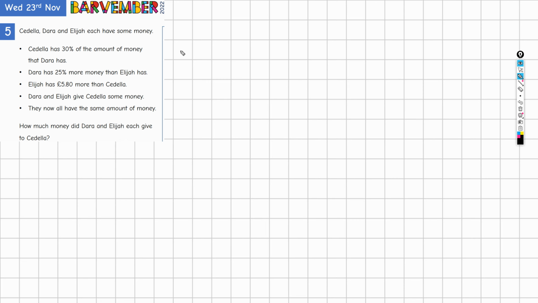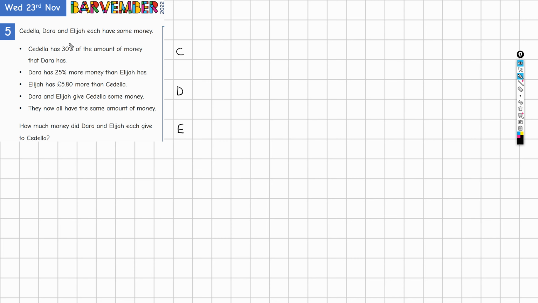Okay, well, we're obviously going to be drawing models for Cedella, Dara, and Elijah, and they're going to be separate bars. It's going to be a comparison model. And I am inclined to start by drawing Dara's bar because we are told that Cedella has 30% of the amount of money that Dara has.